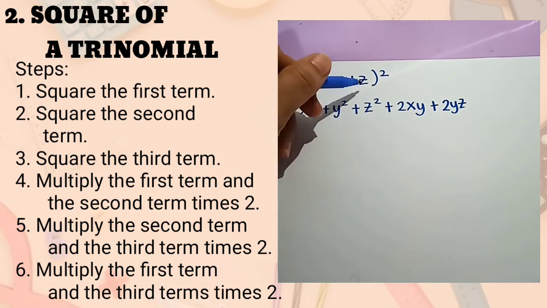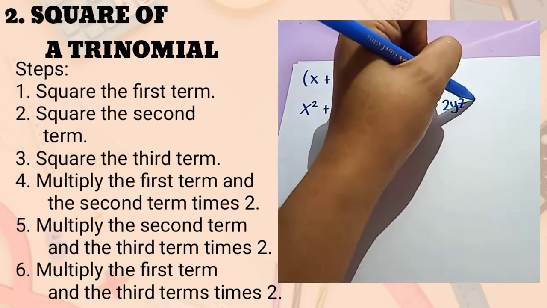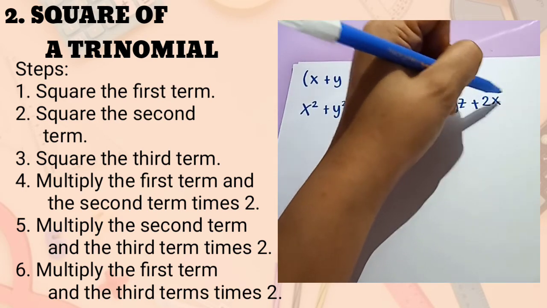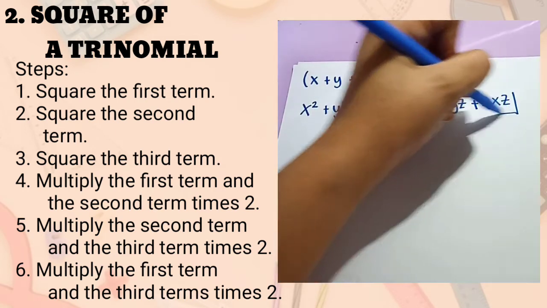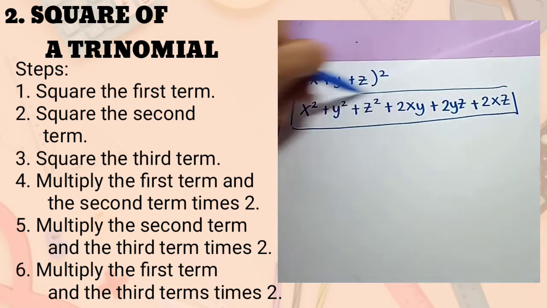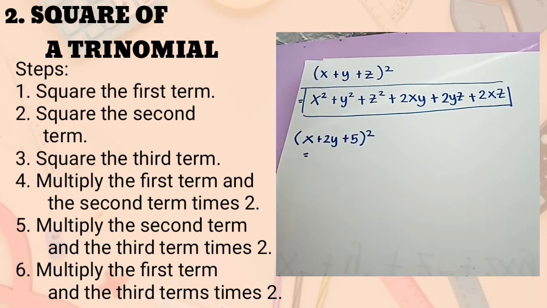So, x times z is equals to xz, times 2 ay equals to 2xz. Therefore, this is our answer.